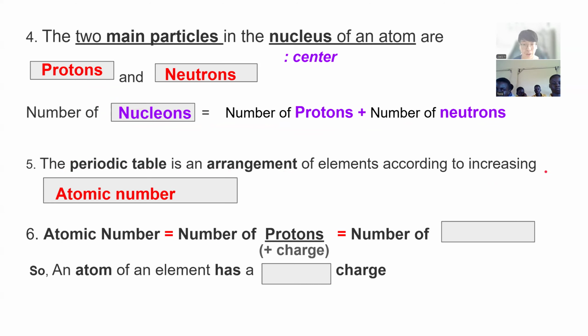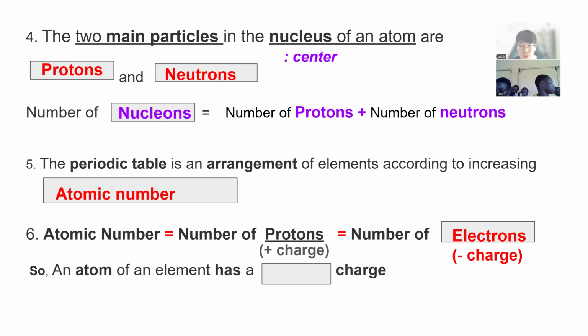And the periodic table is the arrangement of elements according to increasing atomic number. So we will see how the periodic table lists the elements. It's a convenient way to look at every element by increasing atomic number. And what does that atomic number tell us? Well, the atomic number equals the number of protons in that atom. And that also equals the number of electrons, because protons have a positive charge and electrons have a negative charge.